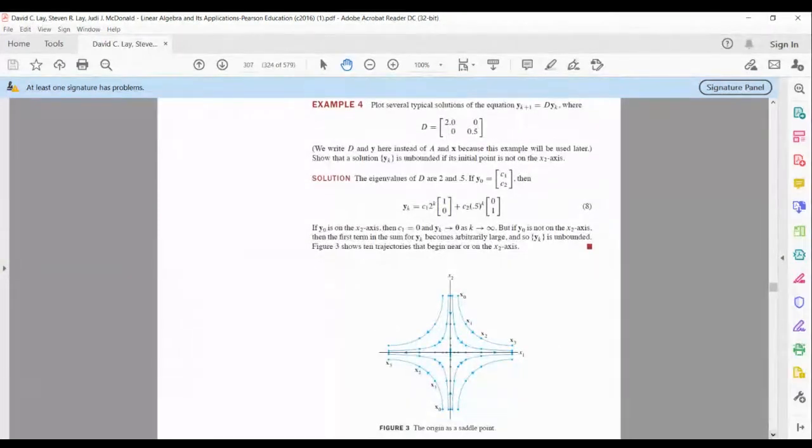Now, in example 4, you have to plot trajectories for what they call diagonal matrix D. Look at your eigenvalues here.